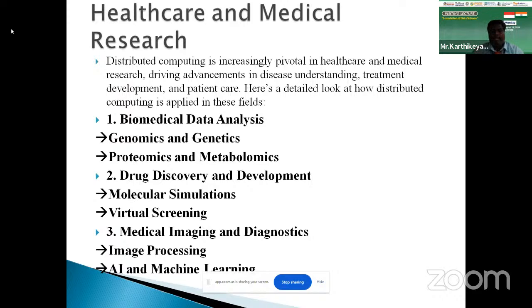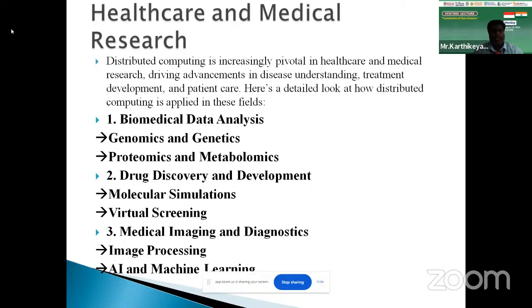The third one is medical imaging and diagnosis. This follows image processing and AI and machine learning. Image processing is analyzing large volumes of medical imaging data from modalities like MRI scans, CT scans, and X-rays.